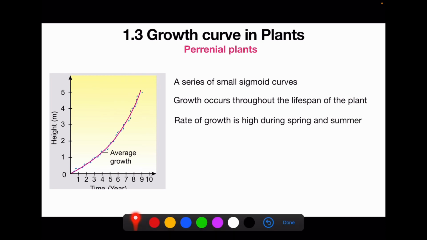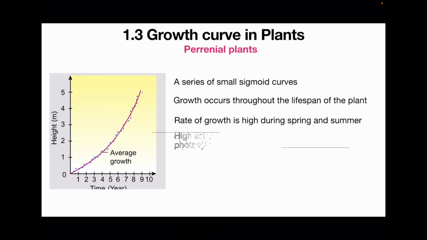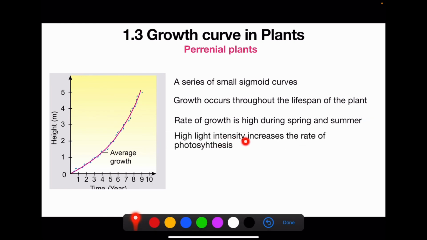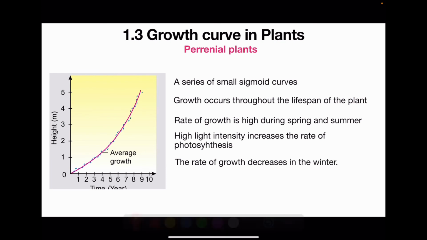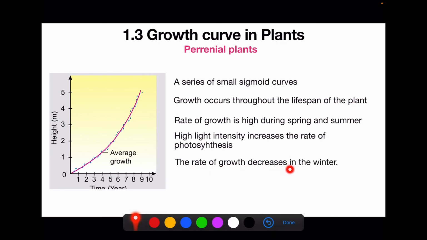The rate of growth is high during spring and also summer, because at this time the light intensity of the sun is at the maximum. The high light intensity will increase the rate of photosynthesis, and the rate of growth for this plant will decrease during the winter, of course, because the light intensity is low.